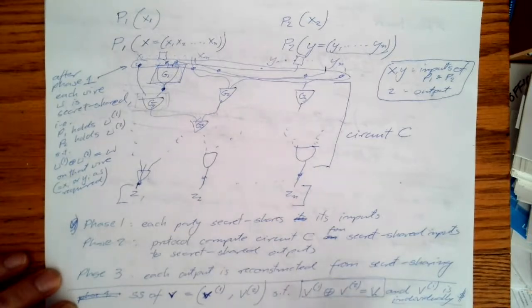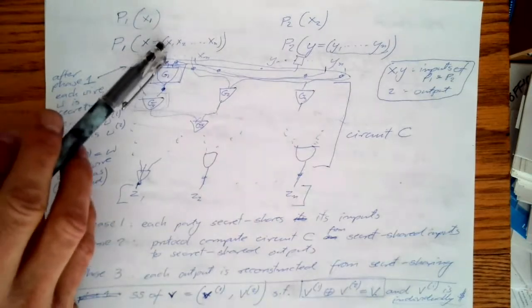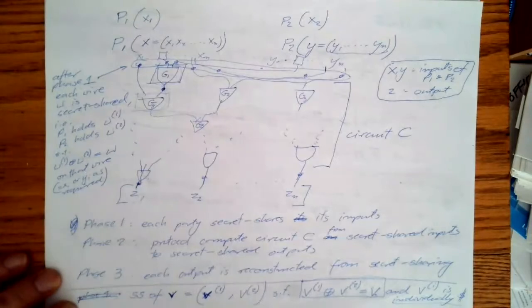And again, this one-time pad argument will show that any n minus one of such shares are uniformly distributed random strings. In this case, all these inputs are bits, so these things are just bits.